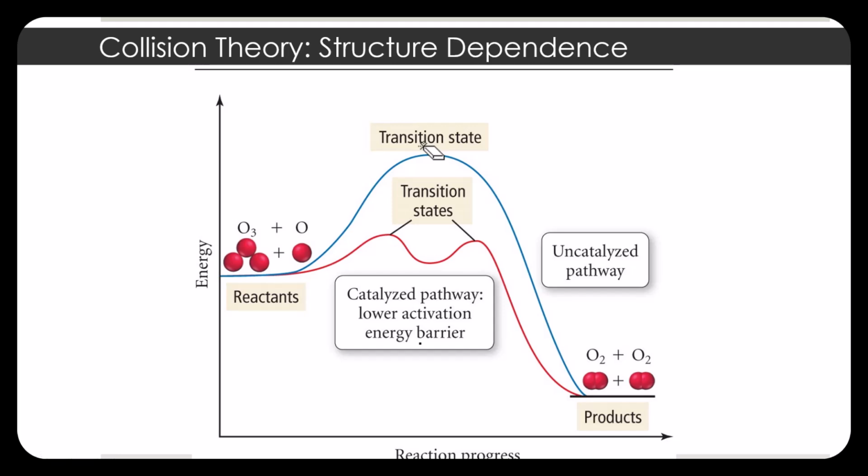Now the blue path is the uncatalyzed path. If we went just from ozone and oxygen reacting, we would have to surmount this really big hill. Once we got to the top of it, then we would get our products. The red represents a catalyzed pathway, so that 2-step process.